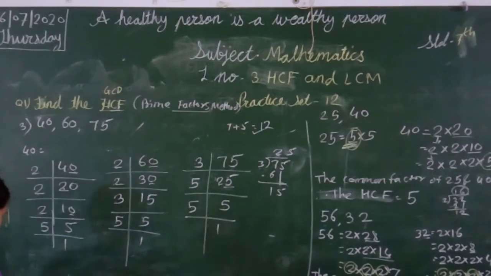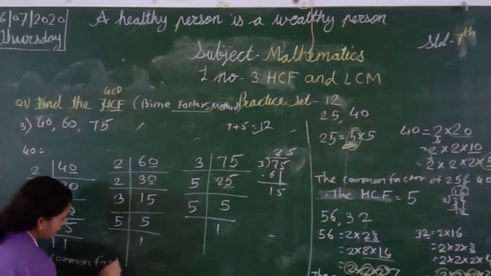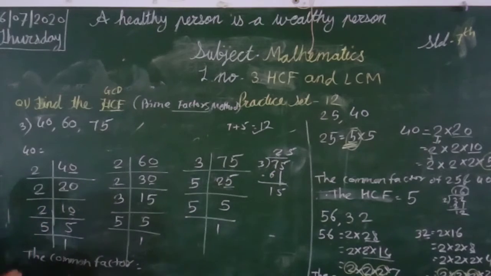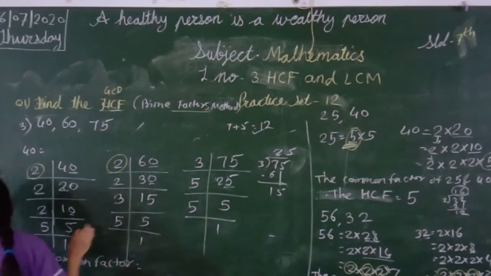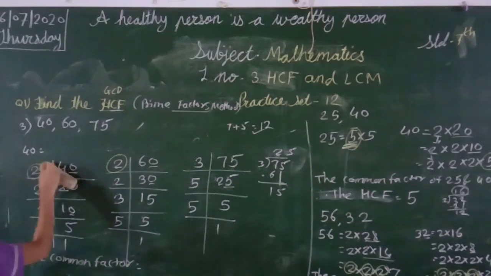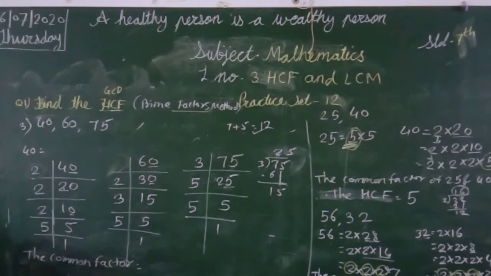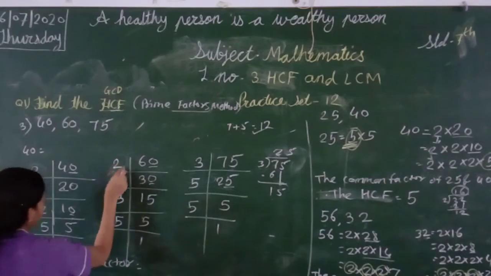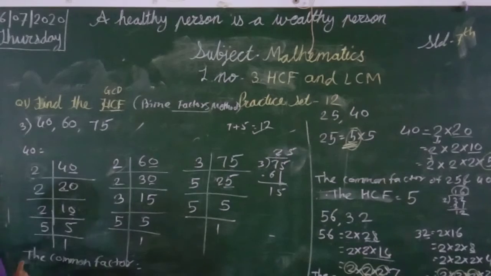Now students, take out the common factors. This 2, here also 2, here have no. So we will not take 2. Check first: here 2, but here not. So we will not take it. So which one? 5.